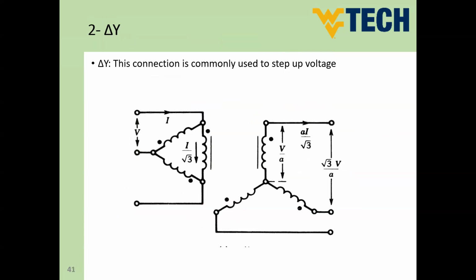Another connection is delta Y. So we just said, yeah, it could be used also in substations. And as we mentioned, 80% of substations can have delta Y transformer. So for delta Y transformer, the primary is connected as delta, as you can see, and the secondary is connected as Y. And still, the secondary neutral wire can be used for protection and for distribution between the single phase loads.